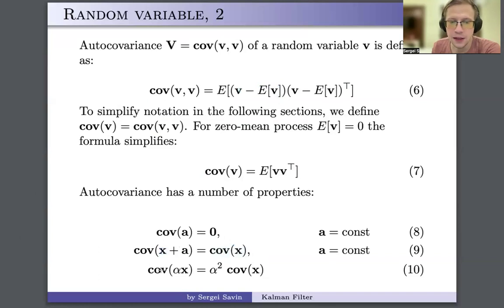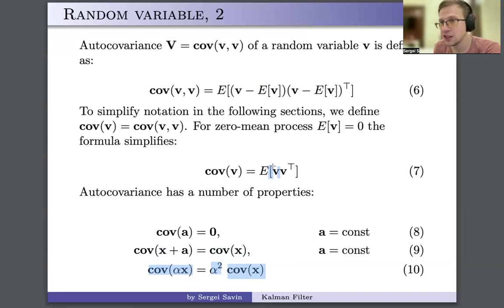Autocovariance. Covariance of lambda times x is lambda squared times covariance of x. Why is that so? Well, because, how should I put it? It is a quadratic formula. So lambda would be in front of the one vector and in front of another vector. So you'd have two lambdas.